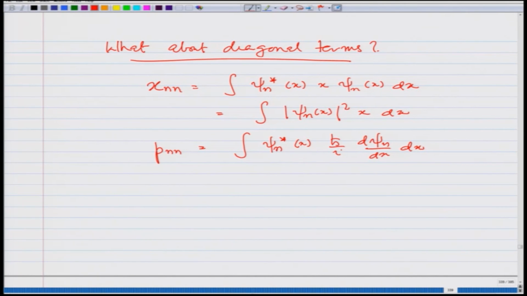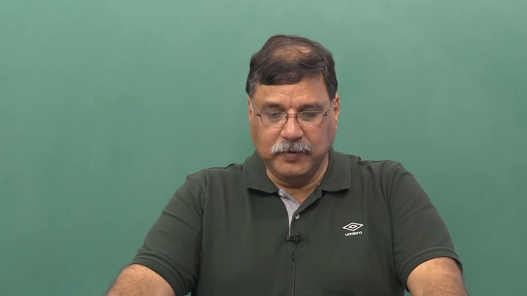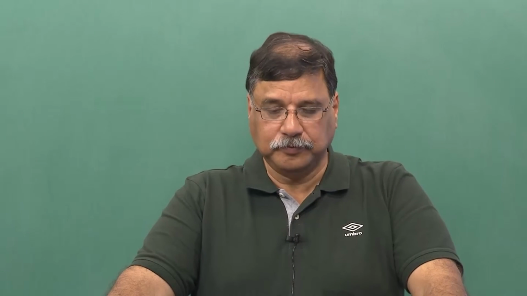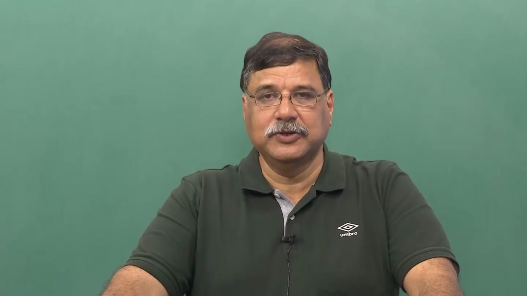These terms we have not yet addressed. What do they mean? And we will address this in the next lecture when we discuss the interpretation of psi n square. So, I leave you with that question in this lecture.